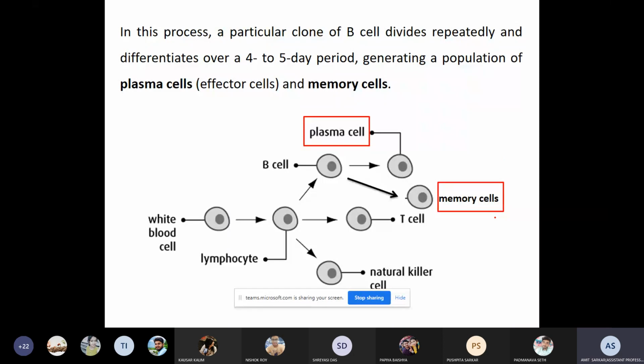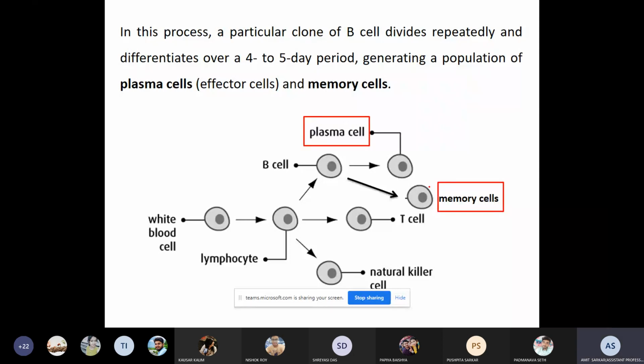Next time, if the same antigen comes into our system, memory cells are already there. They will be able to bind to those cells and will be converted to plasma cells producing effector antibodies. The entire action will be much quicker. You do not need to go through the same process once again. So that is why memory cells are important.